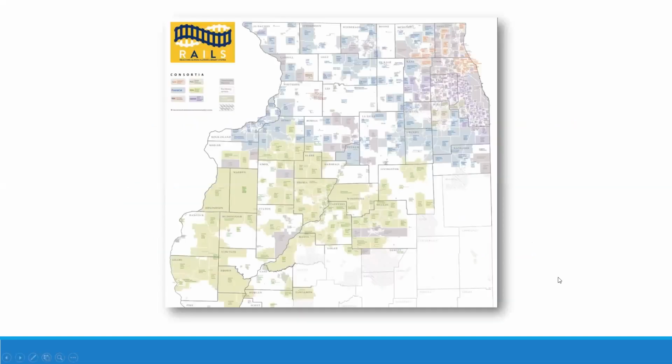This is just a map that shows a little bit of the Rails service area. So if you look, everything in green there, that's the RSA service area. So all the Resource Sharing Alliance members. Everything in blue up in the northern part of the state is Prairie Cat, and then you can see that there's Swan in purple in the suburbs, and then northern suburbs you have CCS.